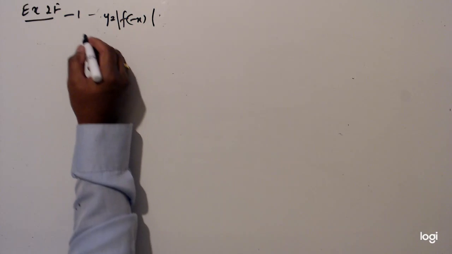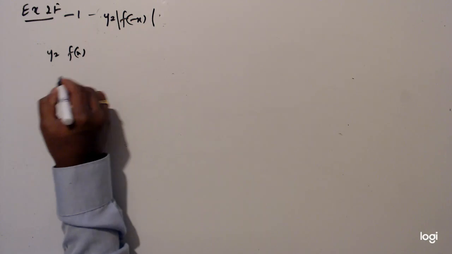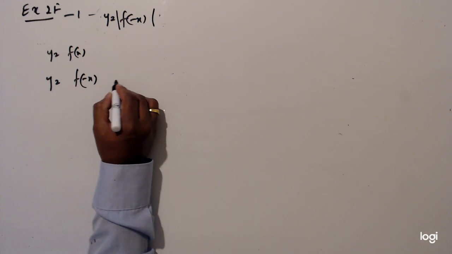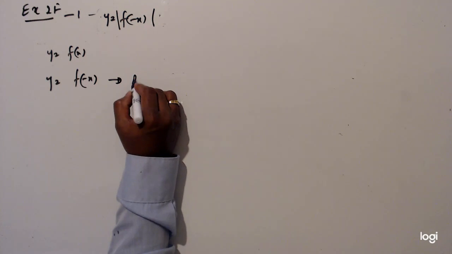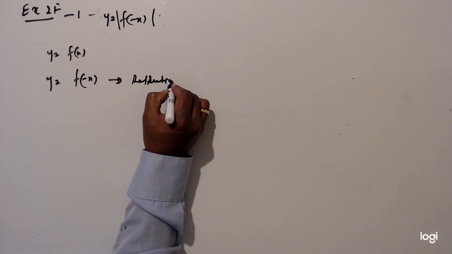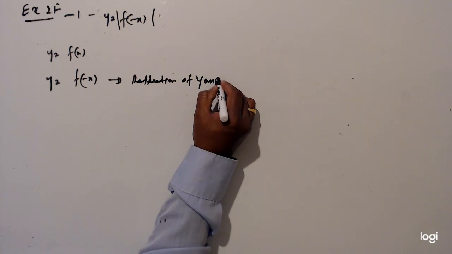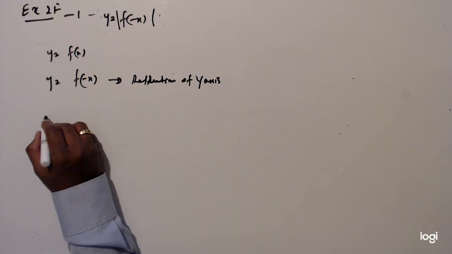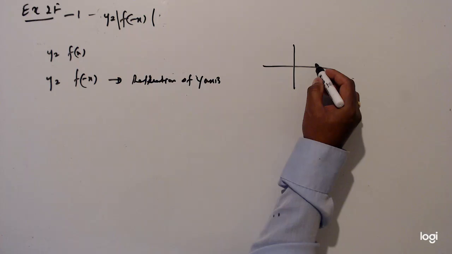Part f. So y equals f(x), then y equals f(-x). So this is a reflection in the y-axis. And assume this is the graph.